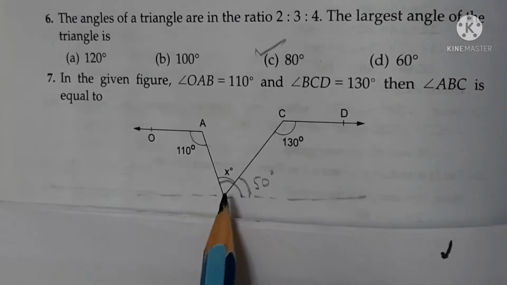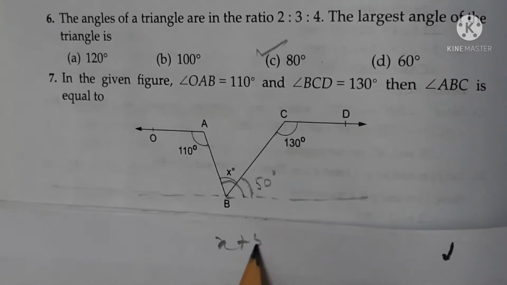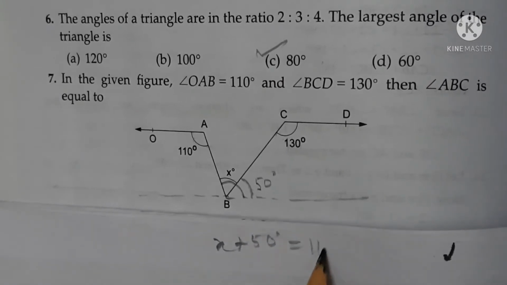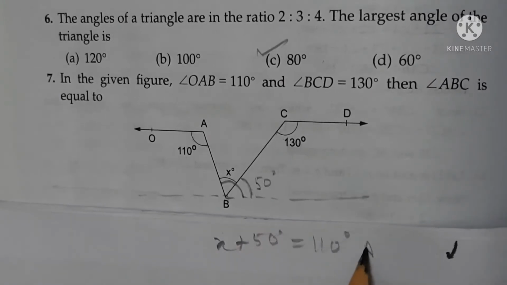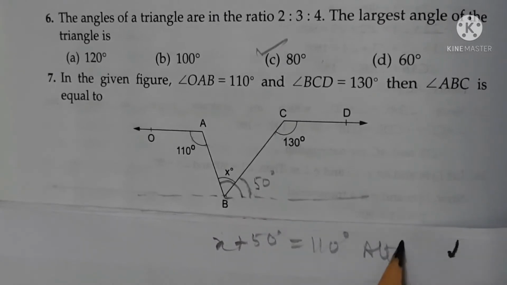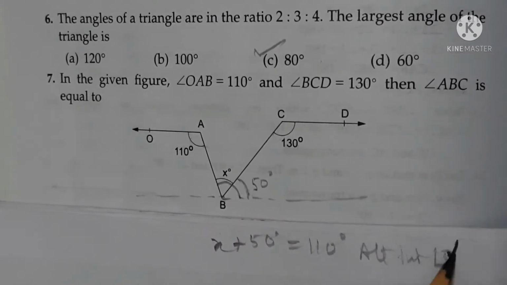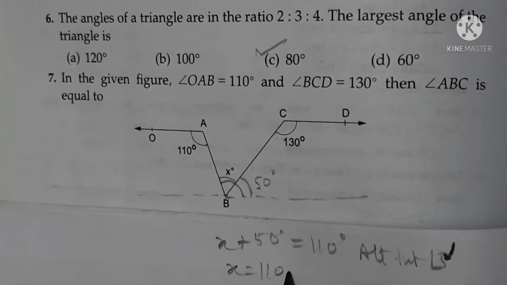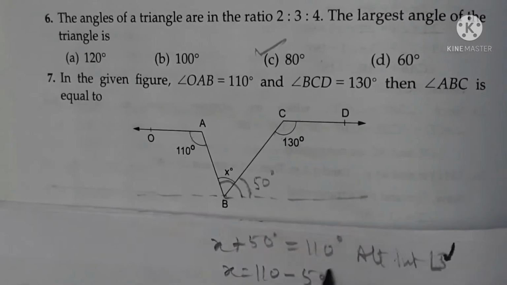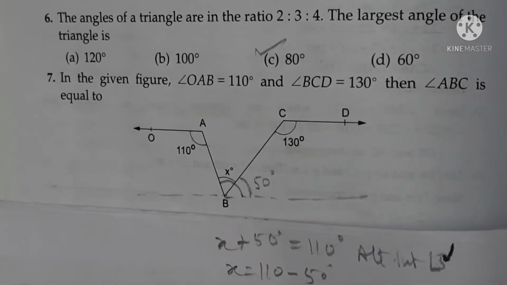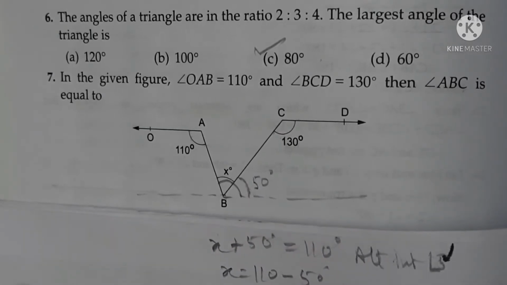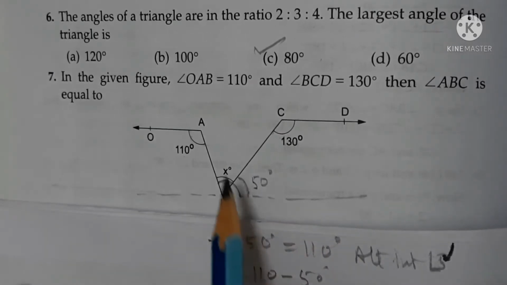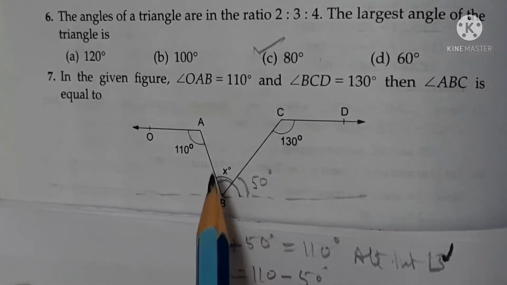So this complete angle x plus 50 degree is equal to 110 degree, alternate interior angles. So x is equal to 110 minus 50 degree. So this becomes 60 degree. x is equal to 60 degree.